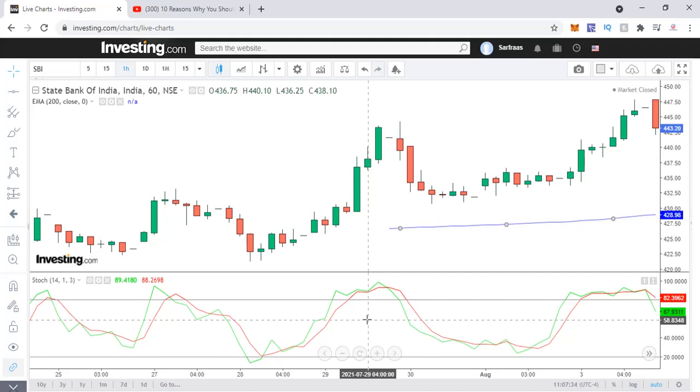So it's all about practice, and in the subsequent video I'm going to try to cover the stochastic RSI. Now this stochastic is one indicator, RSI is another indicator, and stochastic RSI is the third. What's the difference between the three, I'm surely going to cover in the next video.